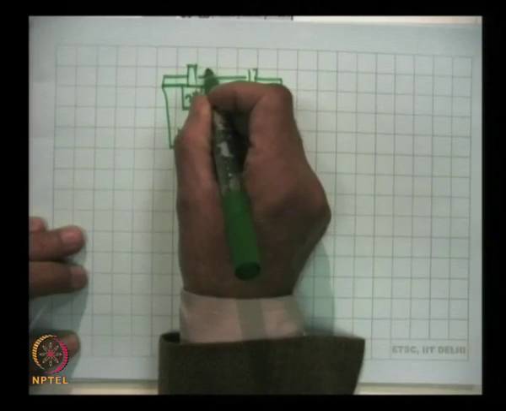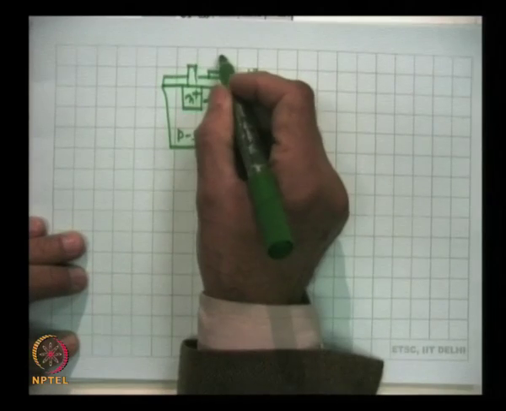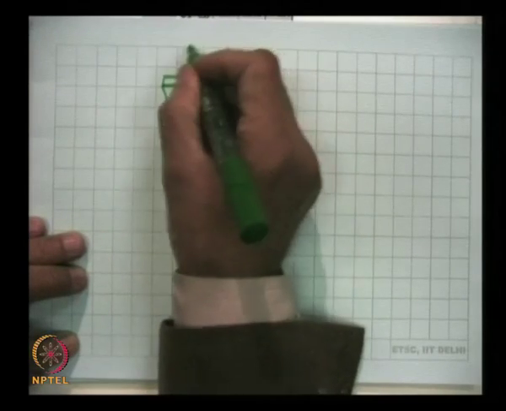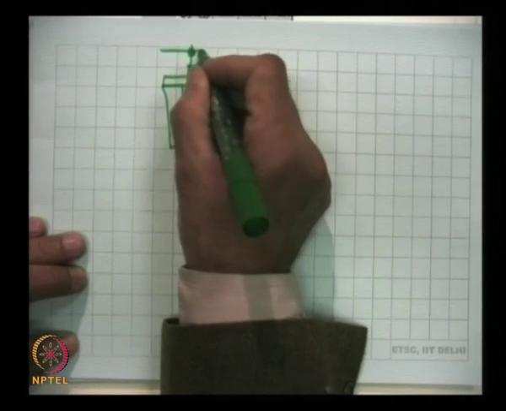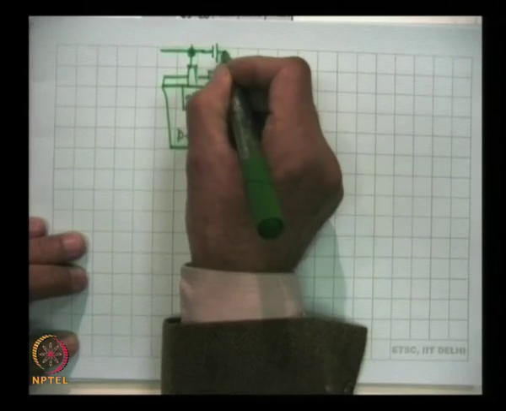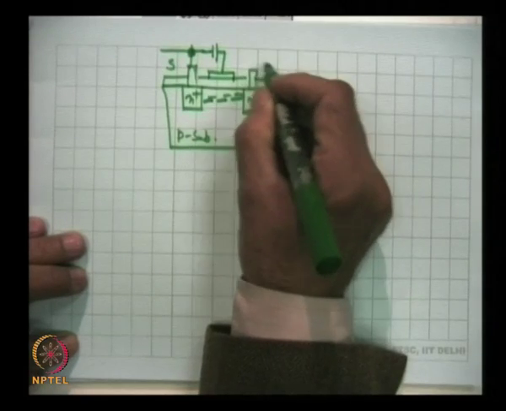This is the other electrode, and here we have applied a positive voltage, and this is source, this is drain.